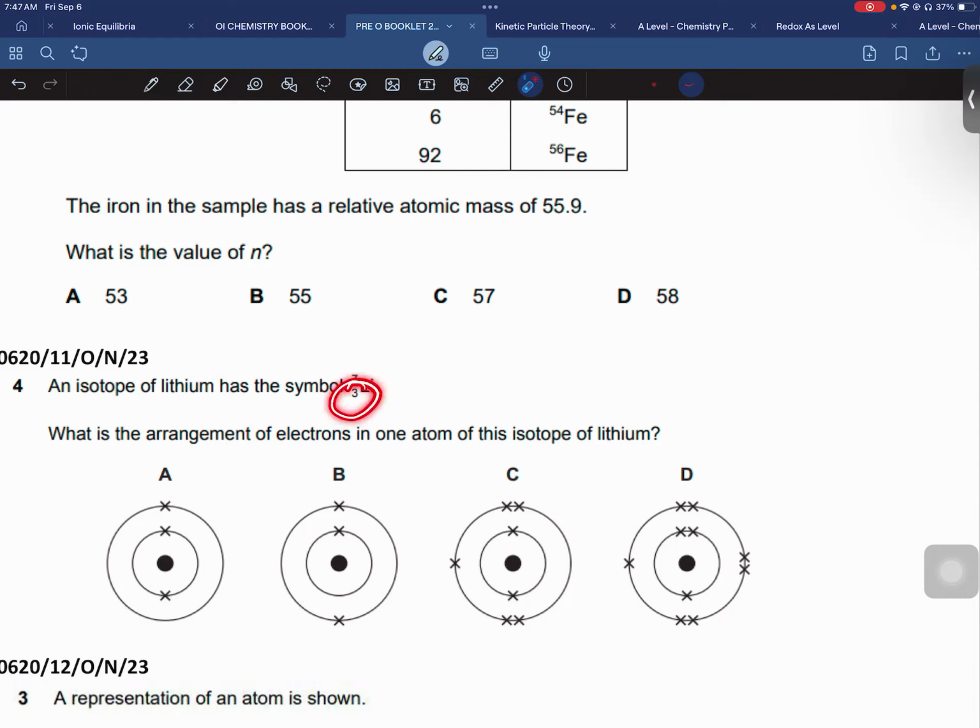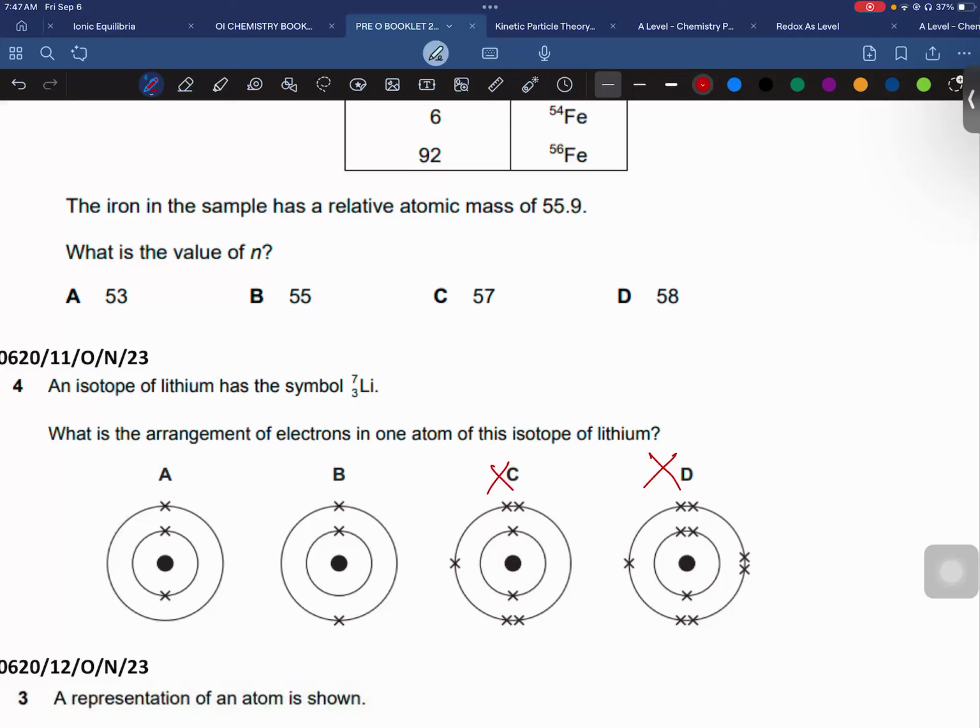It has 3 electrons. So some options are completely incorrect and don't make sense. They are completely incorrect. Okay, so we have to look at A and B.